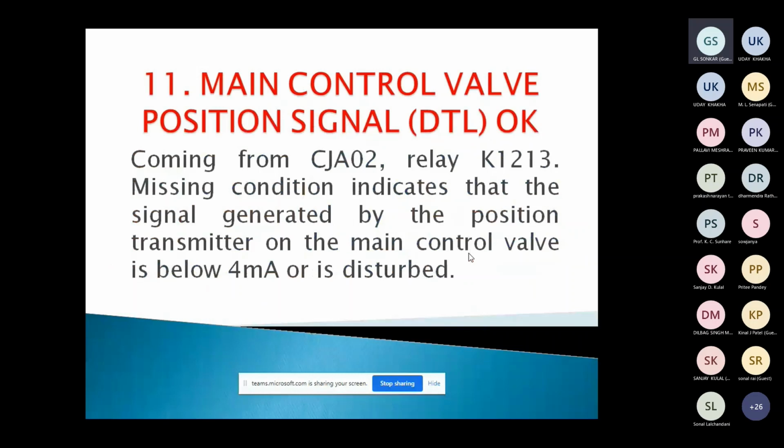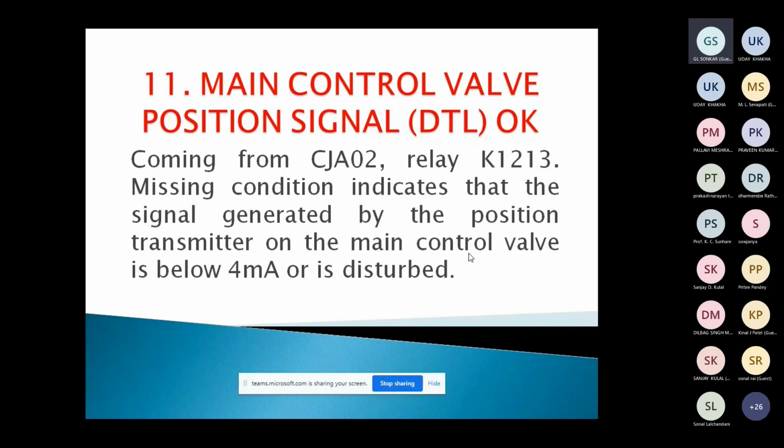Then the main control valve, again the same, a position transmitter is given, and if it is not coming, you know very well your control signal is 4 milliamps to 20 milliamps. It is not sufficient, it is below. If it is not coming, you check that current.